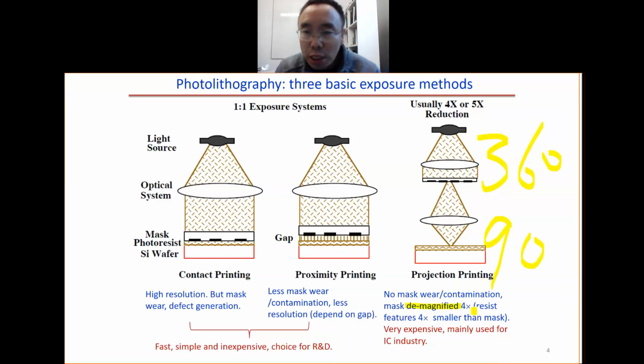So that means here we have 4 times reduction. When we have this 4 times reduction, it will be easier to make the photomask, because the feature size on the photomask is 360 nanometer, easier to make than if you have to make a photomask of 90 nanometer.